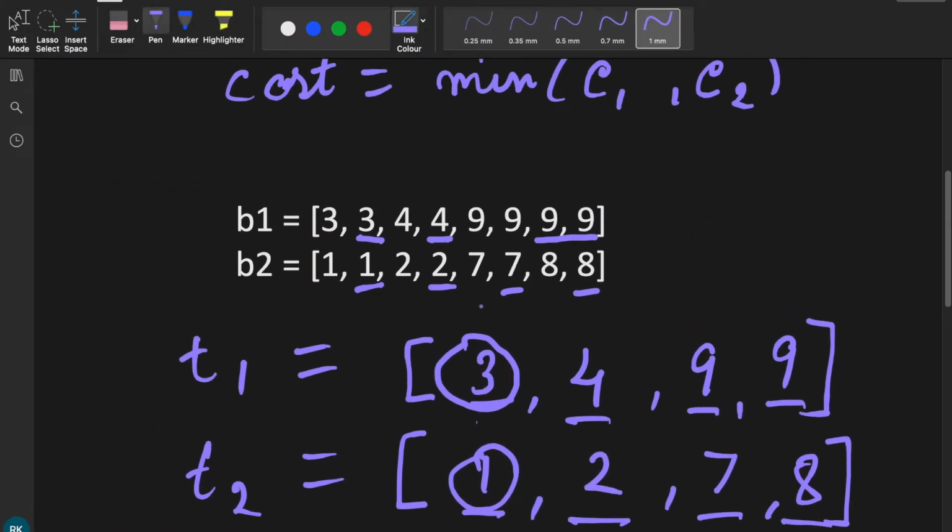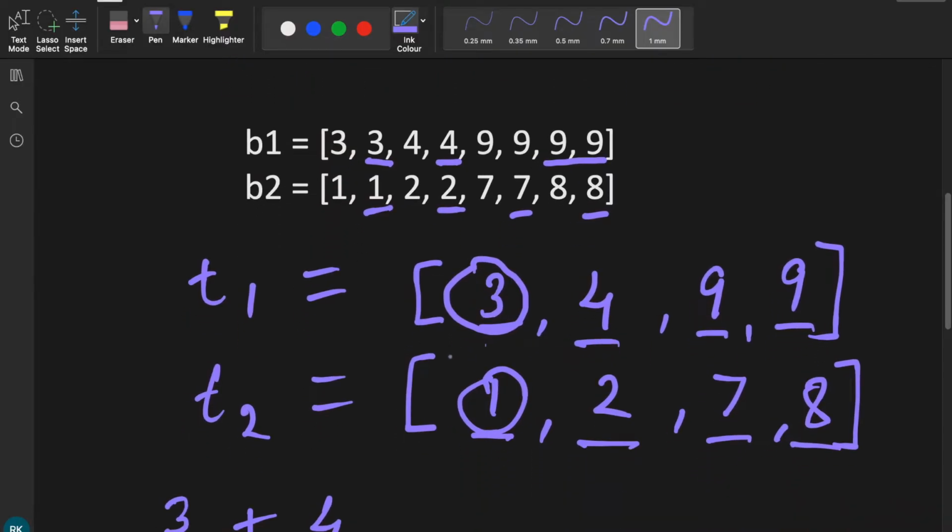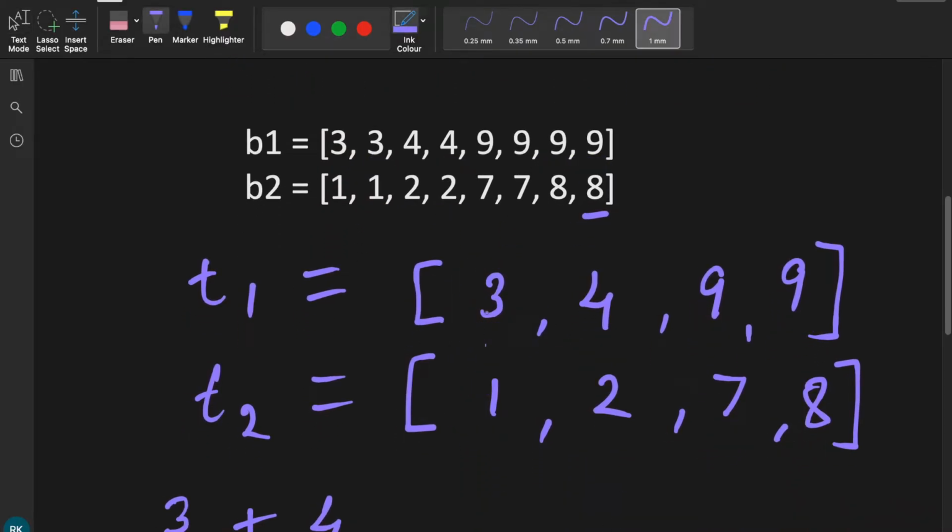Let's see what I am saying with an example. So let's say we want to transfer 4 to basket 2 and 7 to basket 1. So we are doing what we discussed earlier. We are transferring a smaller number from T1 and a bigger number from T2. So if we have to perform the transfer with just one transaction, what we would do is remove 4 from here and remove 7 from here.